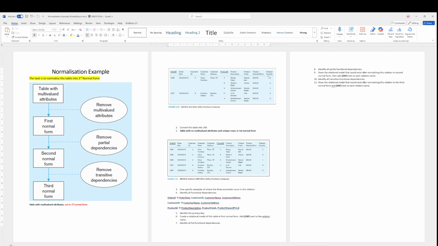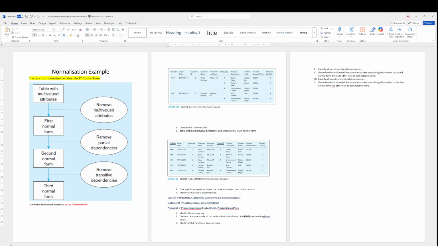For the order quantity, we will need to know the product ID and also the order ID. If I know the product ID, I will know all these inputs. And if I know the order ID, I will be able to know the order date, customer ID, customer name, and customer address.